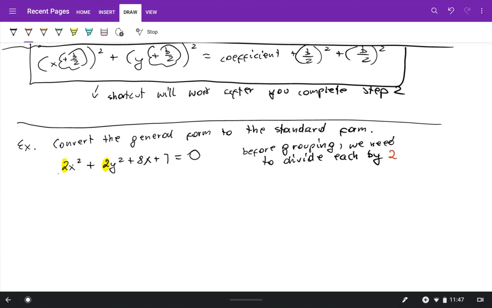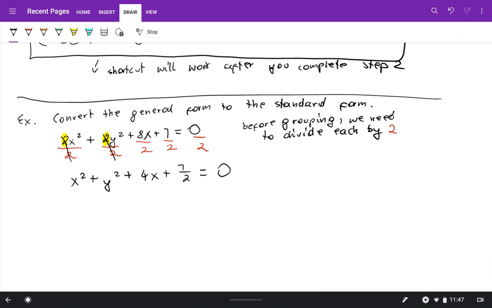So I'm dividing each term by 2. That will give you x squared plus y squared plus 4x plus 7 over 2 equals 0.